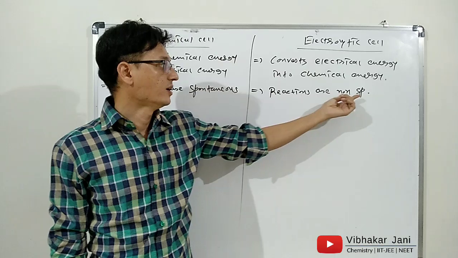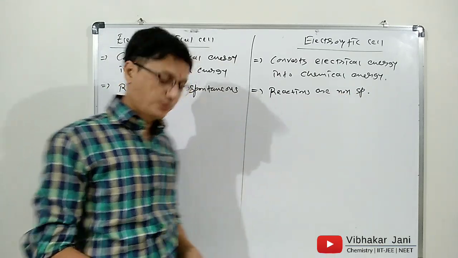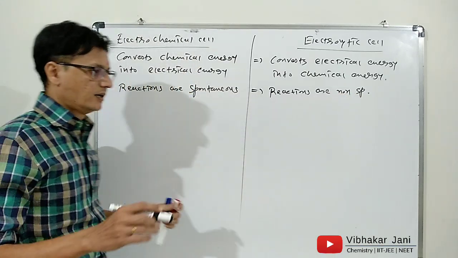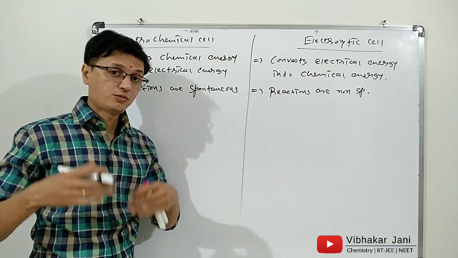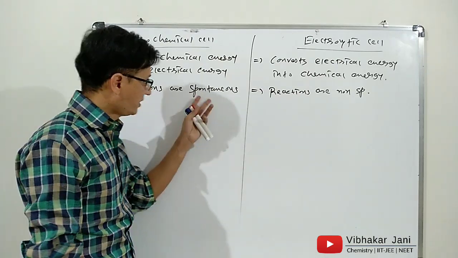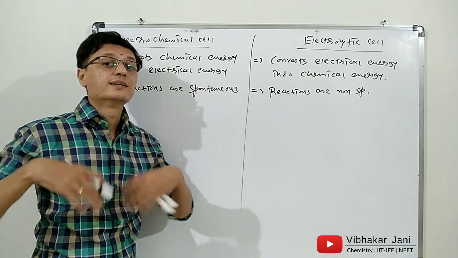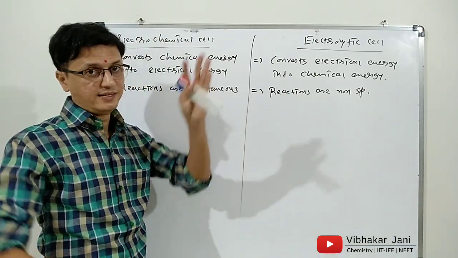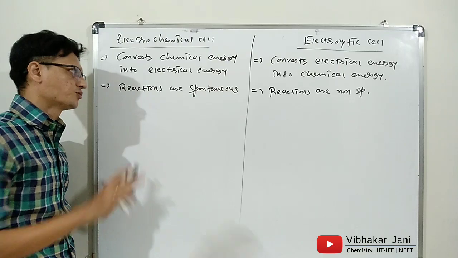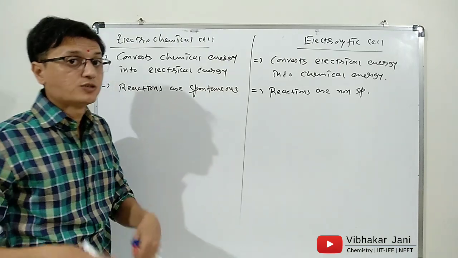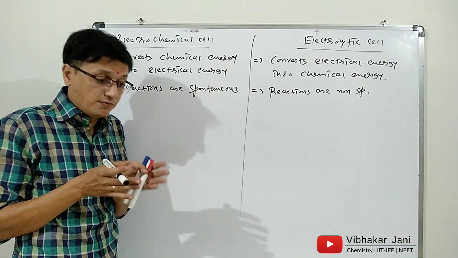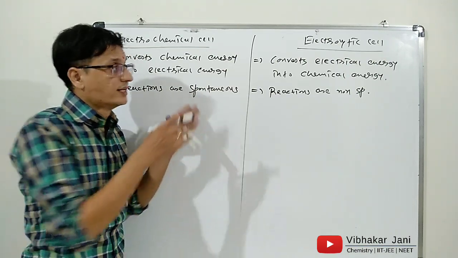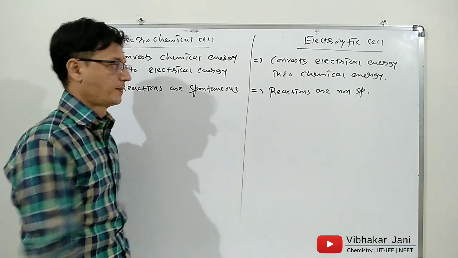Therefore, it is a non-spontaneous kind of cell. There is a chapter known as thermodynamics. When we learn about thermodynamics, the spontaneity of reaction is discussed in detail in that chapter. But right now, spontaneous means the reaction happens on its own, and non-spontaneous means we have to do some work for the reaction to start.